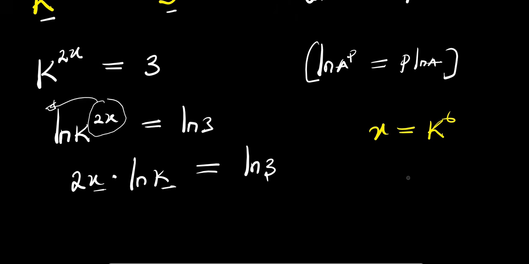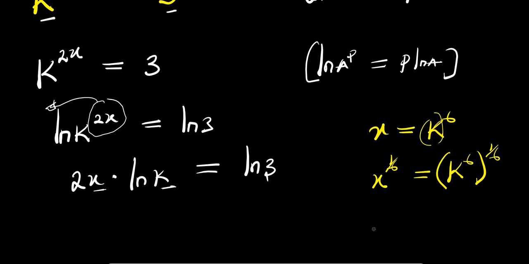And remember that we can easily isolate k here. That means I can raise each part of this equation to the power of 6 in order to isolate k. No, I raised each part of the equation to the power of 1 over 6, not to the power of 6, 1 over 6, rather. So this is x to the power of 1 over 6 equals k to the power of 6 to the power of 1 over 6.